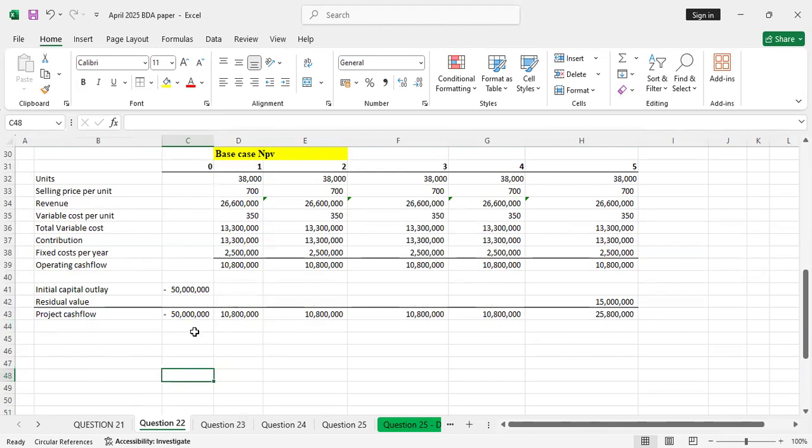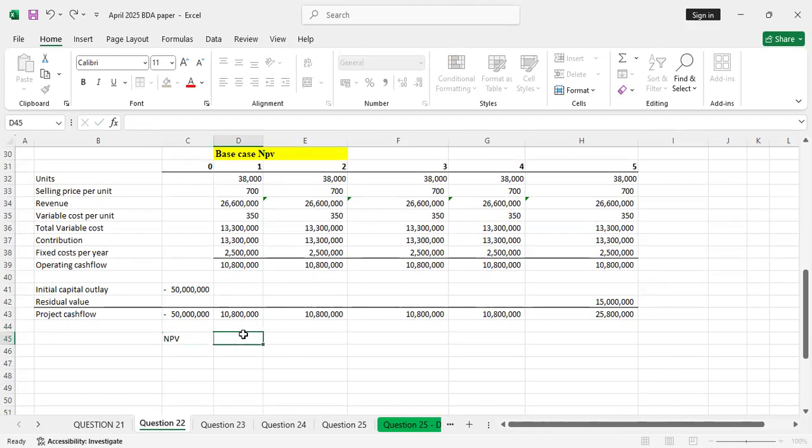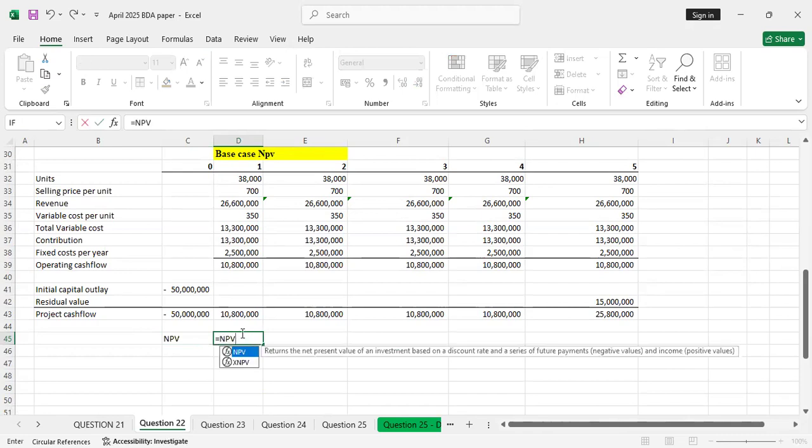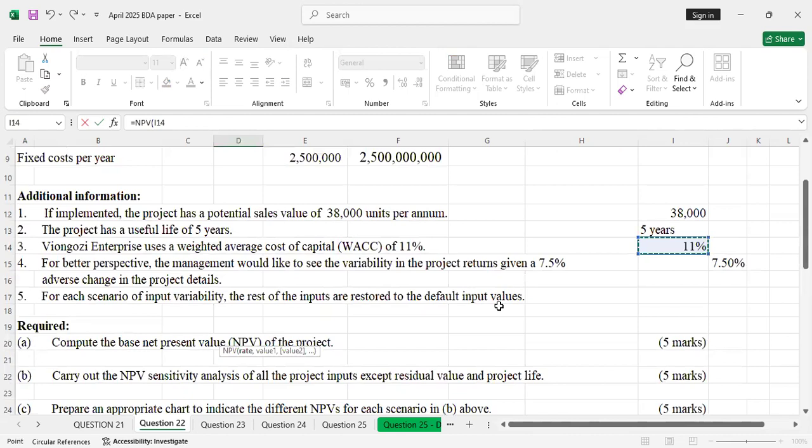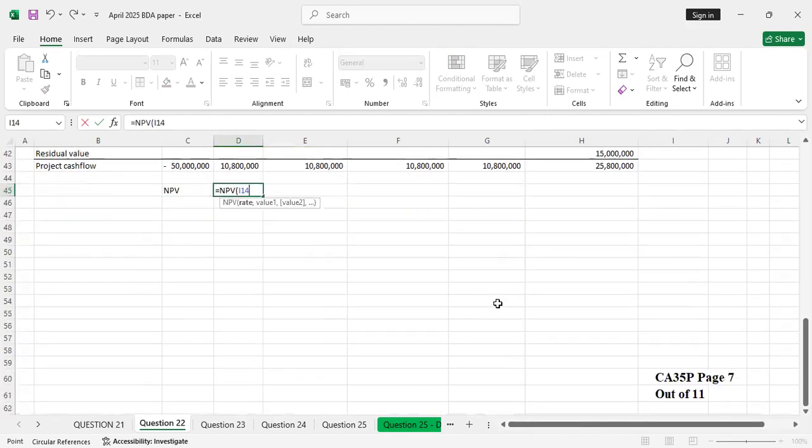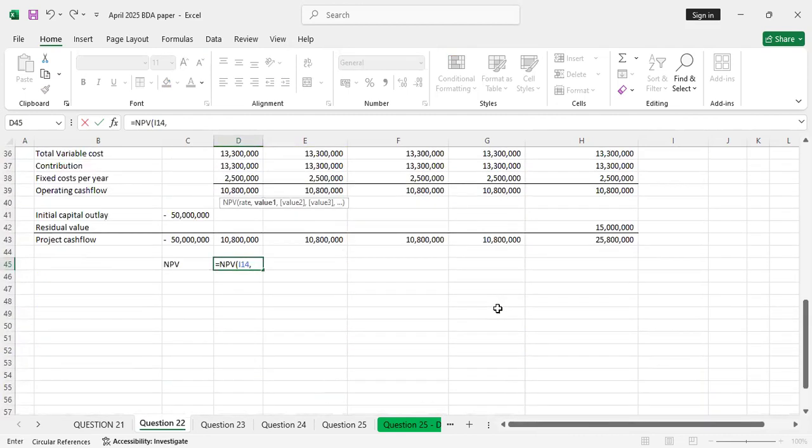So what will be my NPV? I'll say the net present value will be equals to NPV. Our rate will be 11% because that's the discounting rate, comma. Then you select all this and you close the bracket, then you add back this value here.